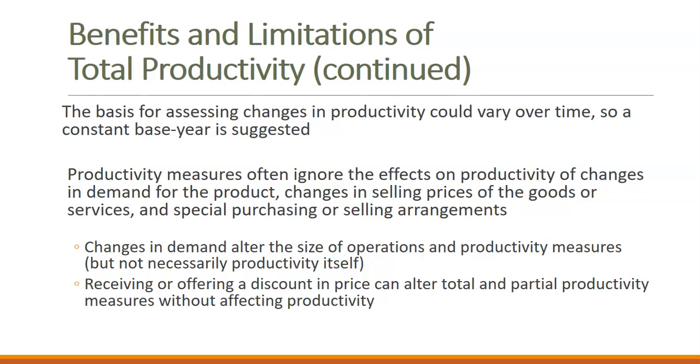It doesn't necessarily change productivity, though, because productivity is how well we produce output with the number of inputs that we have. But receiving or offering a discount can alter our measures without affecting productivity. So having a sales price on items can alter that sales total productivity in sales dollars, even if we didn't actually have a change in our physical productivity. So that's another limitation of what that productivity measurement might tell us.